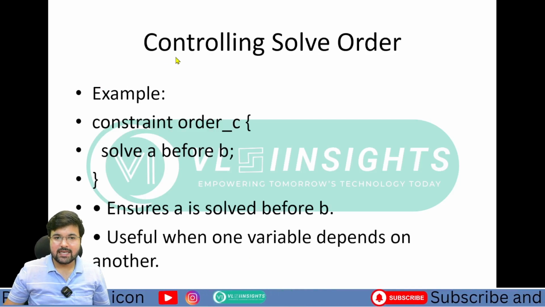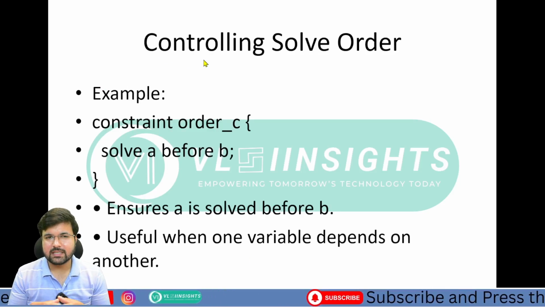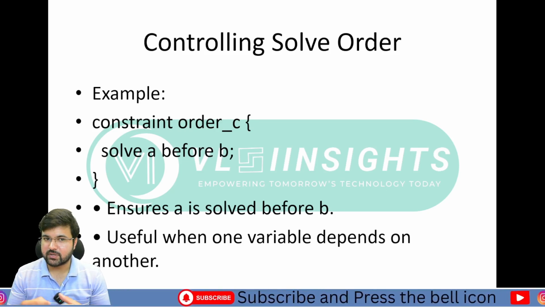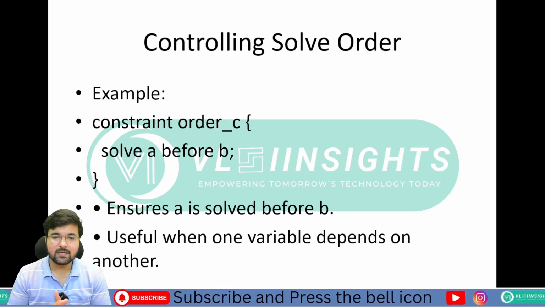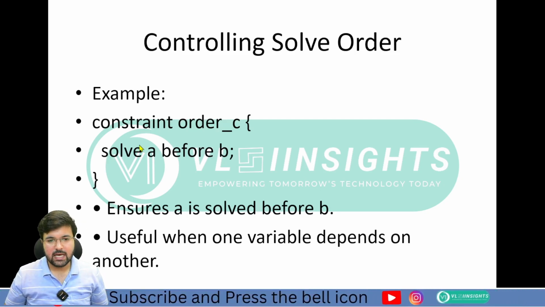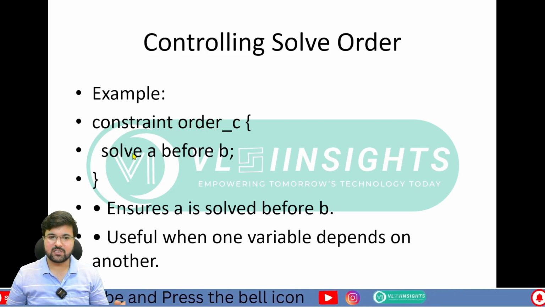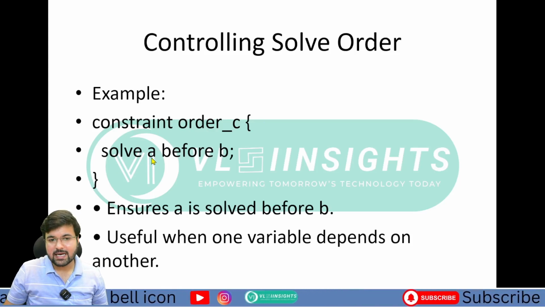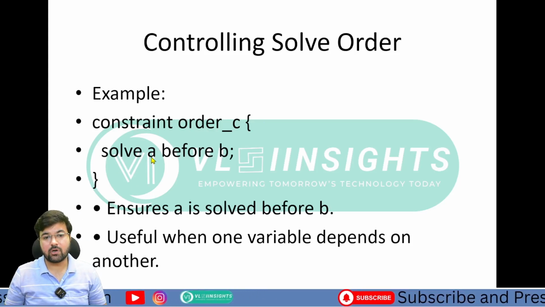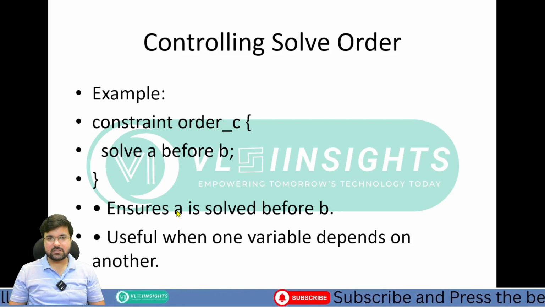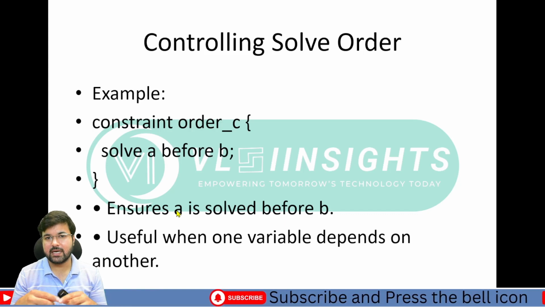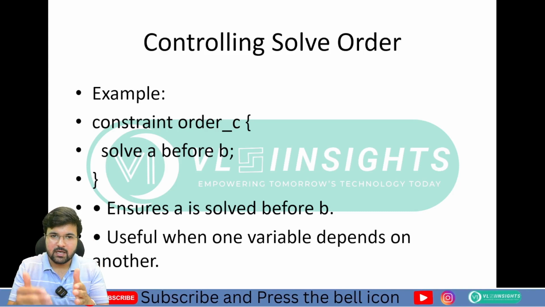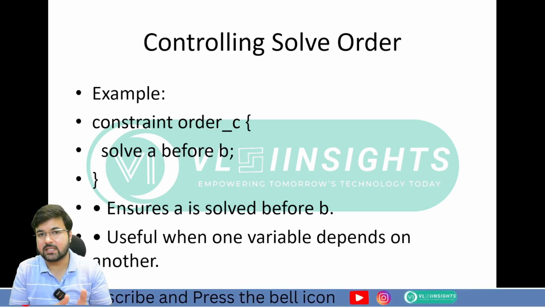For setting up the controlling order of constraints we have a specific syntax. What you can see here is that we are asking our constraint to solve A before B. That means we are guiding our constraint in a way that the value should not be repeated. Redundancy should not be there in the code.